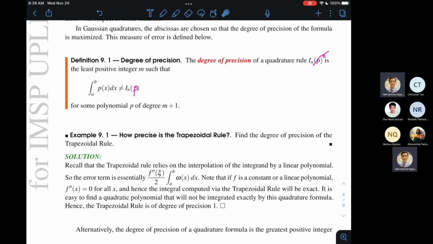So sinasabi sa definition, yung degree of precision, say m, siya yung pinakamaliit na positive integer na merong isang polynomial of degree m plus 1 na hindi eksaktong na-approximate nung quadrature rule yung integral ng polynomial na yon. So, ibig sabihin, ito yung degree nung kauna-unahang polynomial.